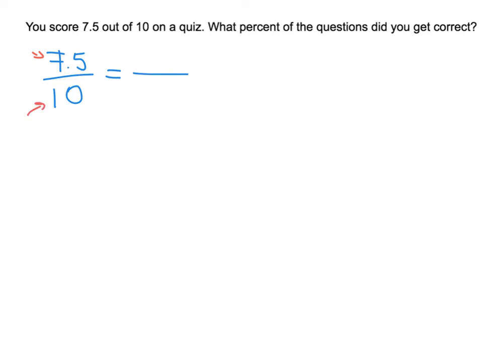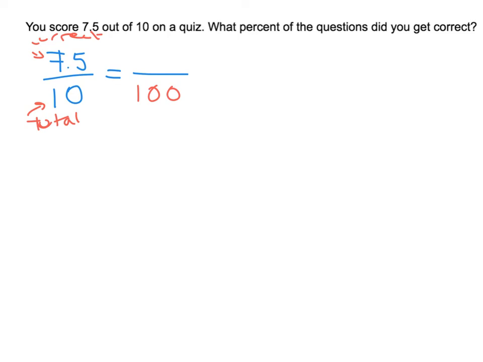The 10 is the whole, which is the total questions, right? If I write that total, and this is correct. So now, if we're imagining that we're taking another quiz which is out of 100, well, then this is going to be a total of 100.